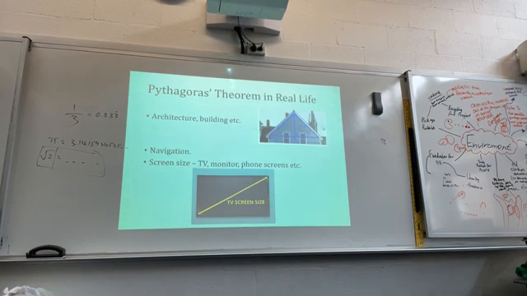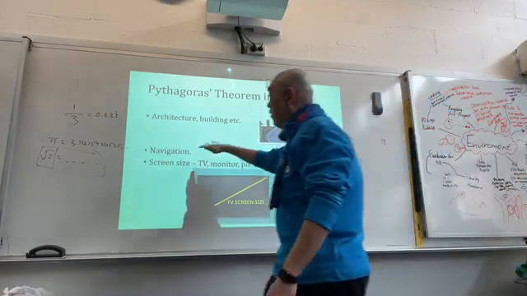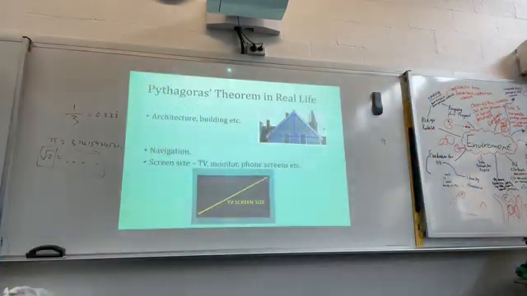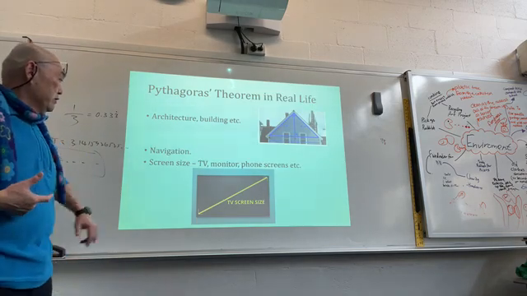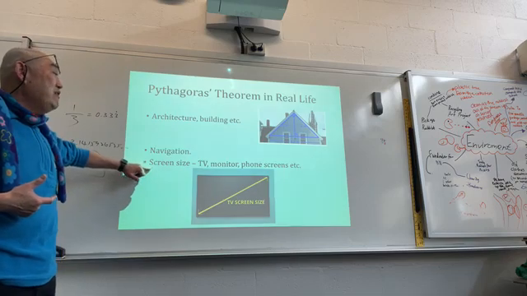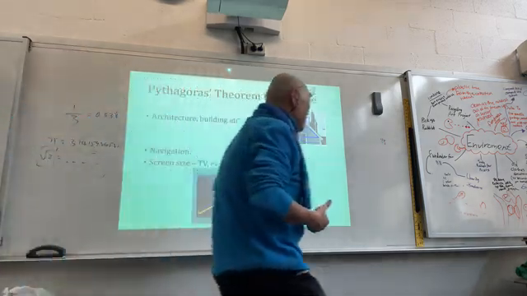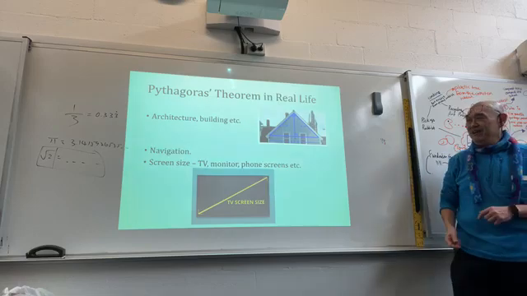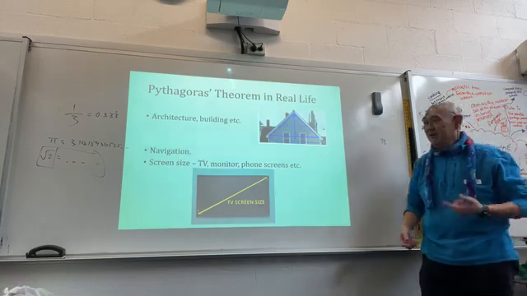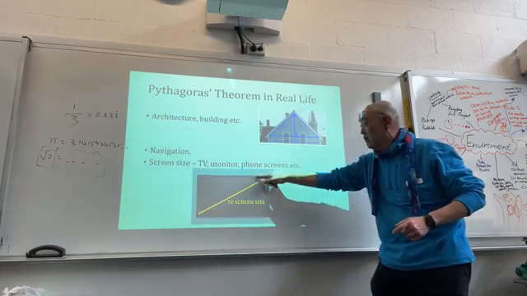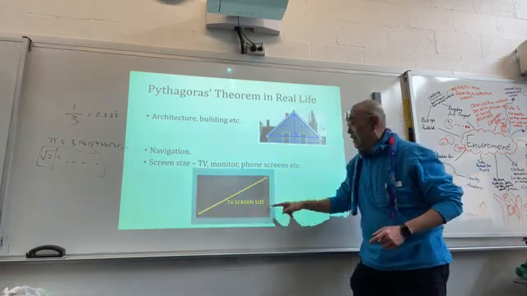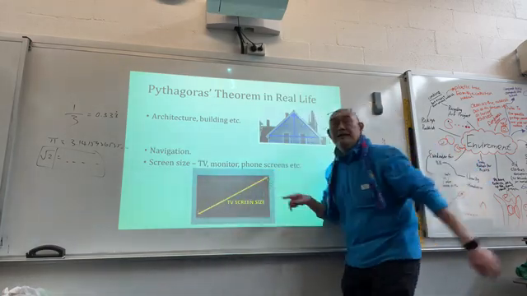It's useful in navigation. Think about navigation. We will talk about navigation a little bit more when we come to third term, when we talk about bearings, angle of elevation and angle of depression. Screen size, TV monitor and phone screen. Now, if you go and buy a TV, they will give you certain numbers about the size of the screen. In fact, the size of the screen is not the width or the length. It's actually the diagonal.